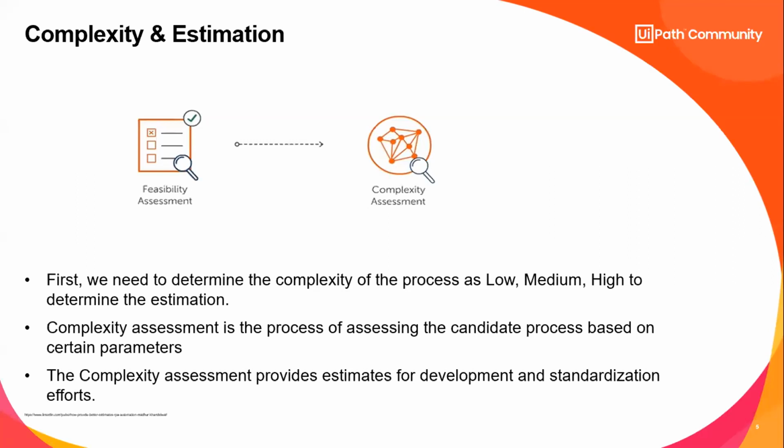Once you have identified that the process is feasible, it's good to go for RPA, it's the right candidate for RPA, then we go ahead and do the complexity assessment. So the first step is definitely the feasibility assessment.